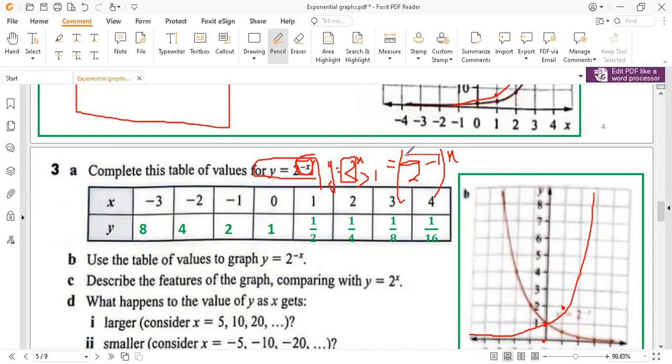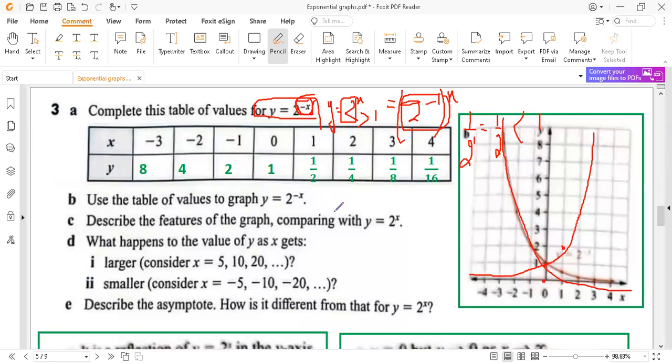What do we mean by 2 power minus 1? It is 1 over 2, a number smaller than 1. So normally we have a decreasing graph curve, as we mentioned before.